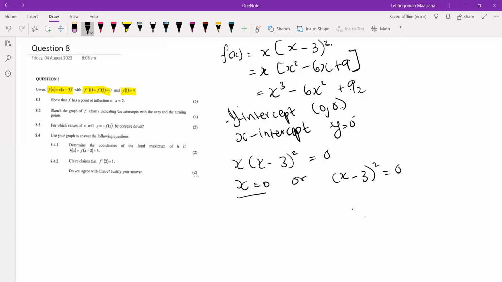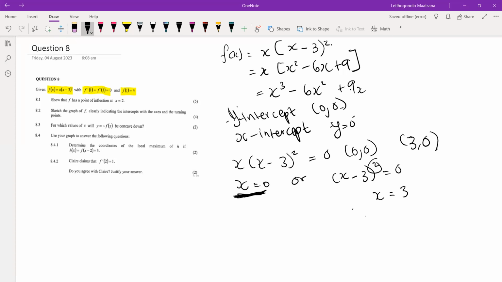So on one side we have an intercept where x is equal to 0, and on the other side we have x is equal to a positive 3. So we only have those two x-intercepts: (0, 0) and (3, 0).